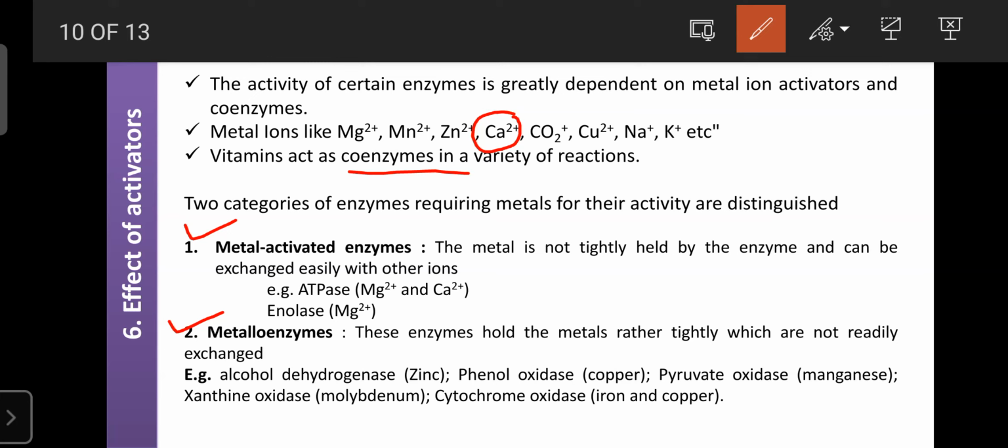Regarding the metal activated enzymes, those metal ions can be transported easily from one molecule to another molecule.